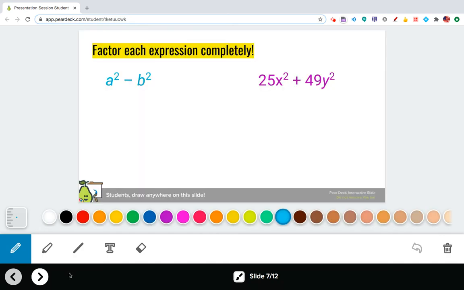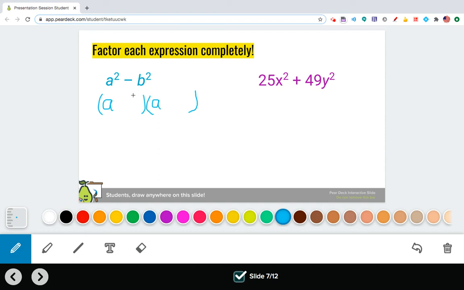So once again, the difference of perfect squares, I have my minus sign, I have a perfect square and a perfect square. So I'm going to factor this expression into the product of two binomials, where the first term in each is the square root of a squared.